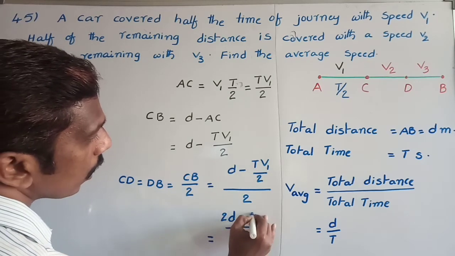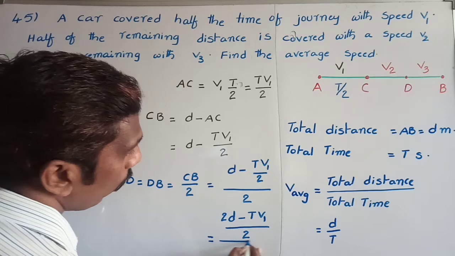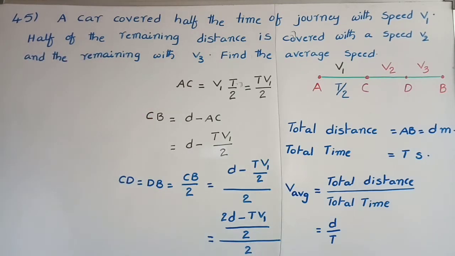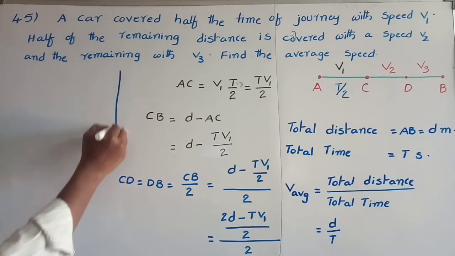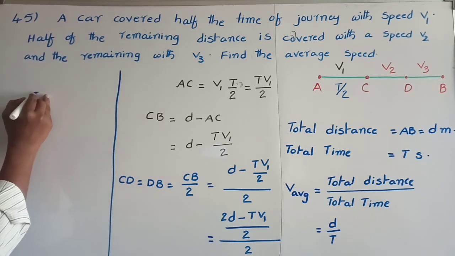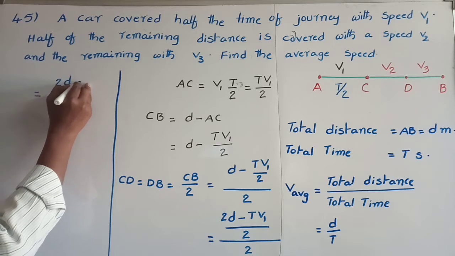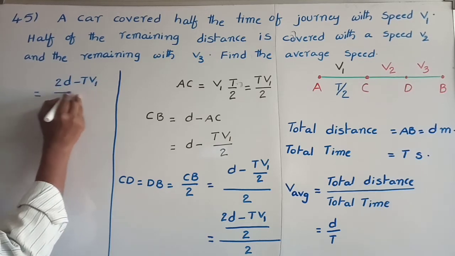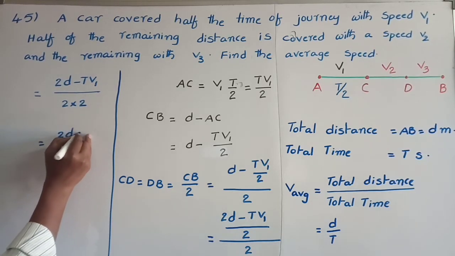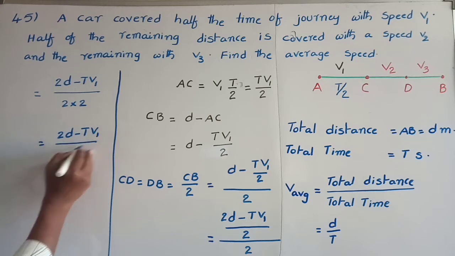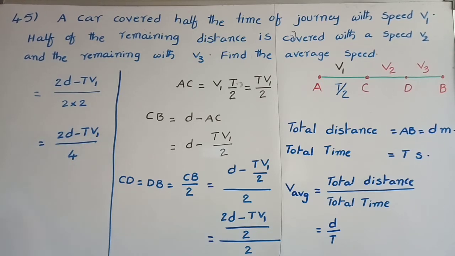So (2d minus t v1) by 2, whole divided by 2 again. Simplifying, that is equal to (2d minus t v1) by (2 into 2), which is equal to (2d minus t v1) by 4. This is half of the remaining distance, which is equal to CB by 2.